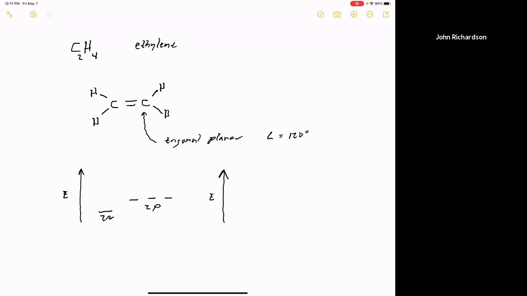So what am I going to hybridize? Well, I'm going to hybridize one of these s orbitals and 2 of these p orbitals to get me the 3 hybrid orbitals I need. So what I'm going to end up with is a situation like this, where here are my 3 hybrid orbitals, but then over here at higher energy is the unhybridized p orbital that I did not use.